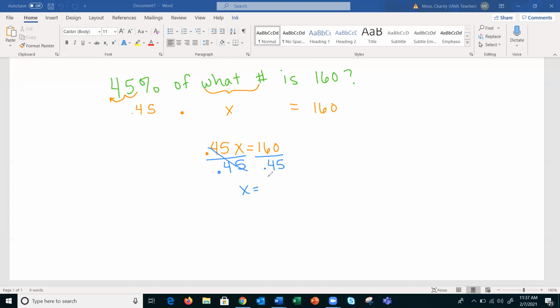Plug that in and see what you get. So x is equal to 355.5 repeating, that's the repetition bar. If you're rounding to the nearest tenth place, that 5 would round up to 6 because it's followed by a 5. So if they want a rounded answer, it will be approximately 355.6.